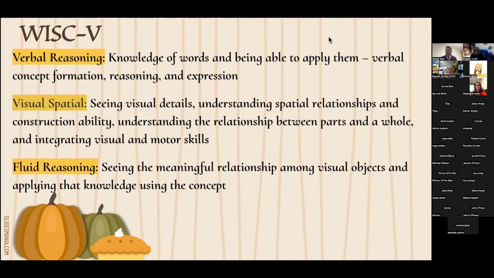Most of the time, students between the ages of 6 and 16 are going to receive this evaluation. It's the most widely used and most accepted, the most highly sought after norm test out there. So verbal reasoning is a knowledge of words and being able to apply them. It's verbal and concept formation. It's reasoning and expression.